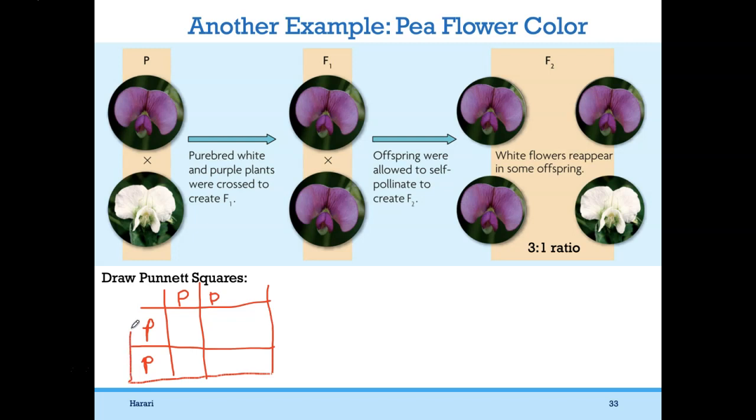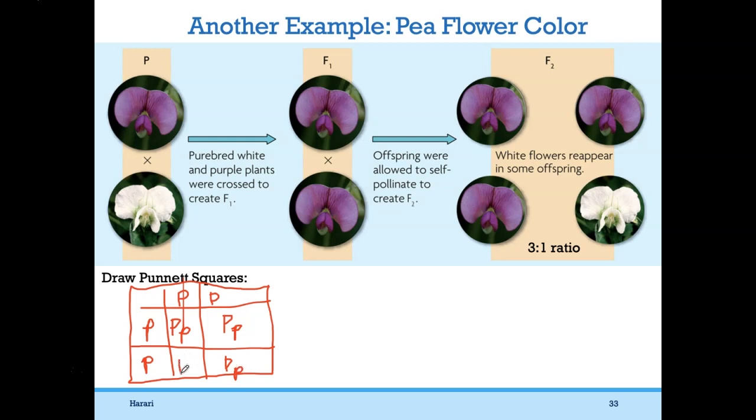And now in the boxes, we're going to put the different possibilities for the F1 genotype. These are the parents, big P, big P and little p, little p. All of the F1 will get a big P from the purple and a little p from the white. Therefore, every single F1 will have the same genotype, which is big P, little p, which are all heterozygous.